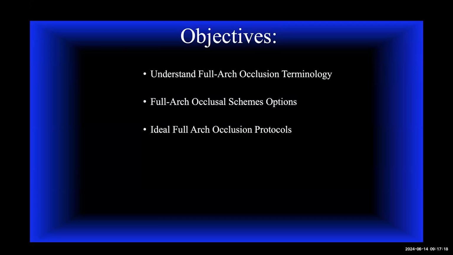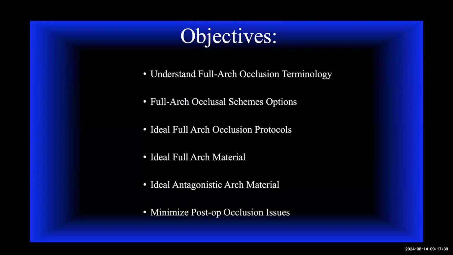Then we'll go through the ideal occlusion protocol for full arches. We'll talk about ideal full arch materials. And then we'll talk about the ideal antagonistic arch material, which is a huge question now in our profession, what the other arch should be when we do these full arch cases. And then we'll end up with, how do we minimize post-op occlusion issues?